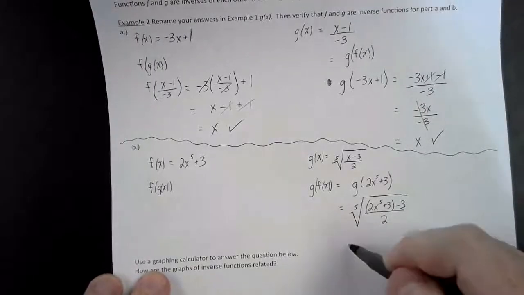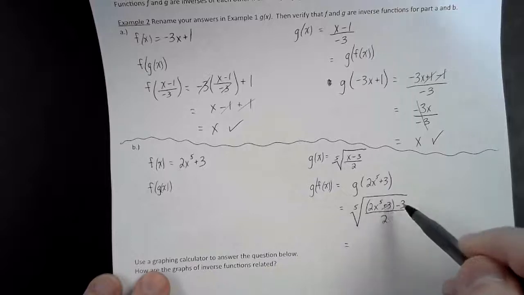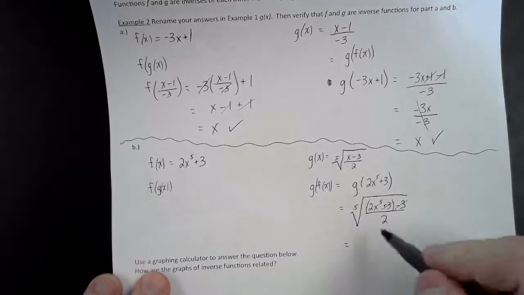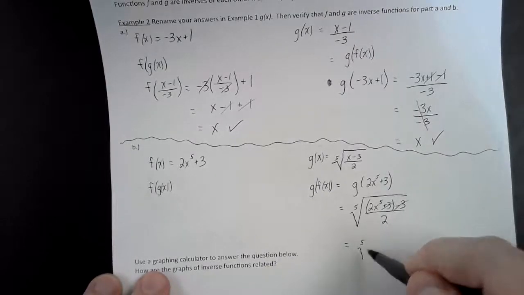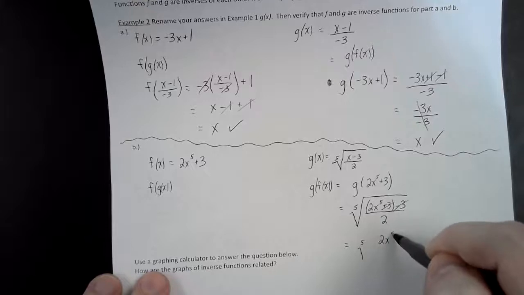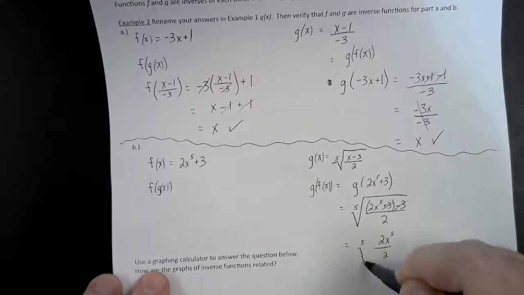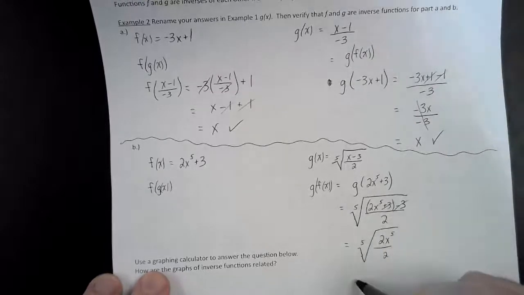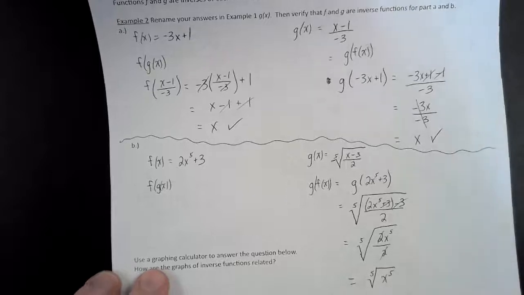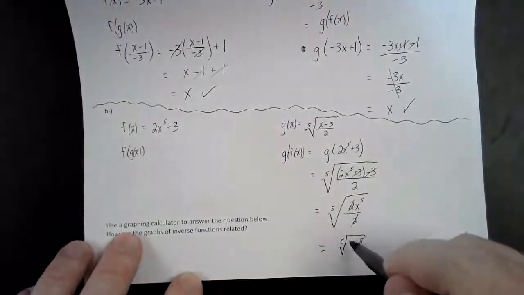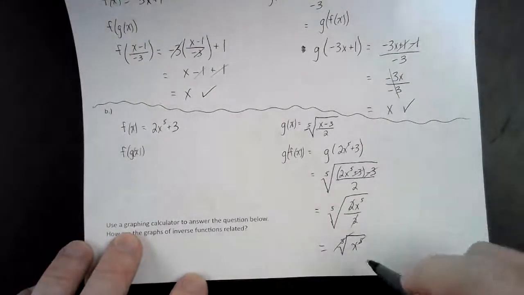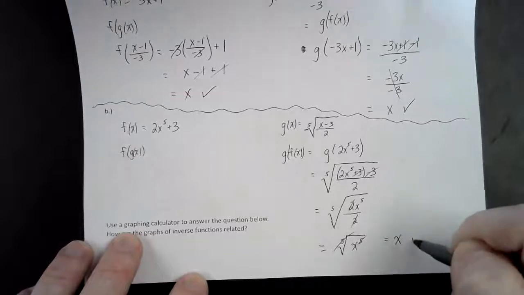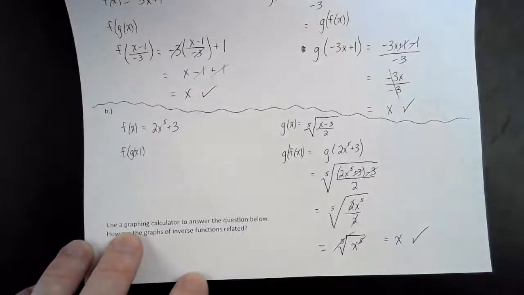All right, work from inside. The plus 3 and minus 3 cancel. So we get the 5th root of 2x to the 5th over 2. And the 2's will cancel, leaving you the 5th root of x to the 5th. And of course, the 5's and the radical will cancel, leaving you with x, verified.